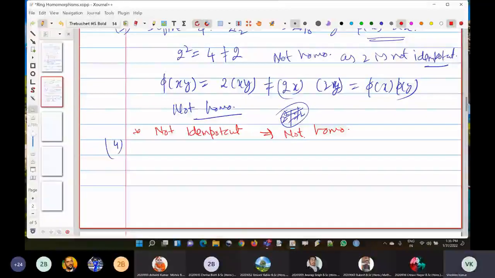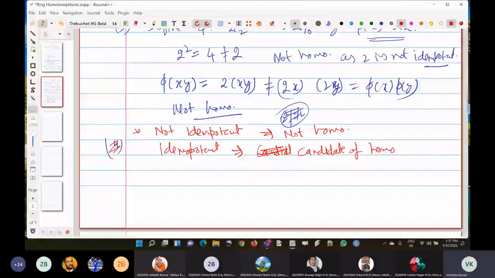Okay, not idempotent implies not homomorphism, but if it is idempotent, it implies a candidate of homomorphism.